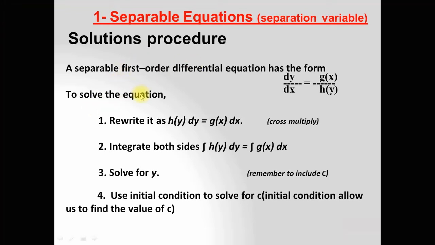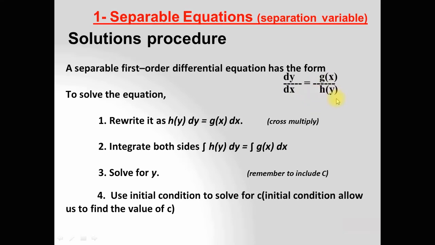Now the solution procedure for the separable equation form is that first of all write this equation in the form h of y dy is equal to g of x dx. This step means that for the separation of variables, join the h function to the operator dy and join the g function to the operator dx.